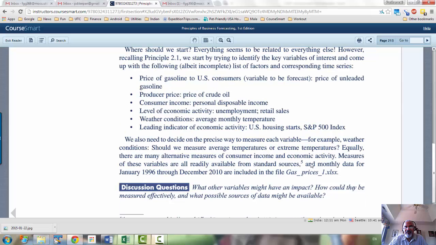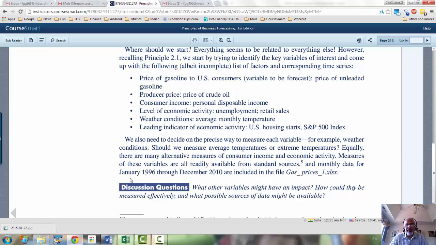Now we have this data from January 1996 through December 2010 in this file. I have taken the data that is relevant to our example, which is just the gasoline price and the crude oil price lagged by 1, in the Excel file.